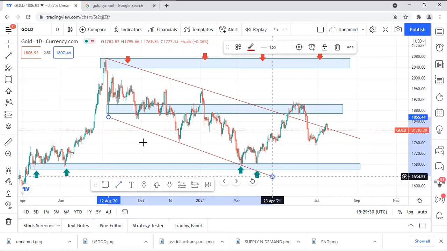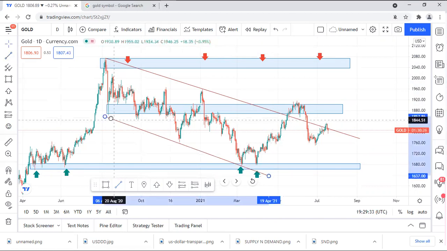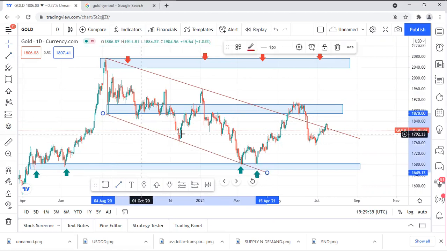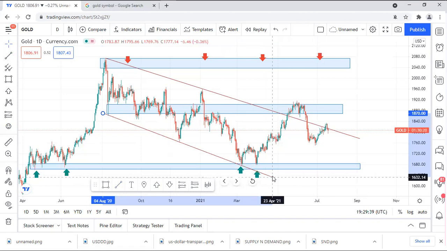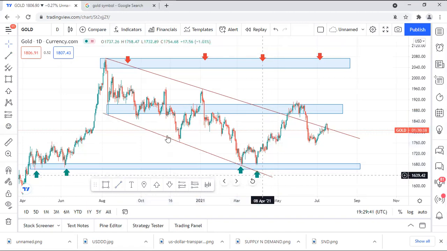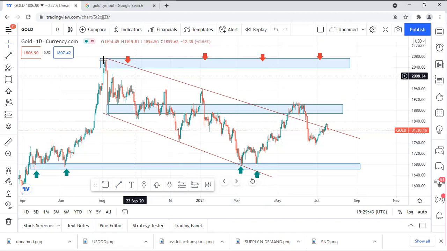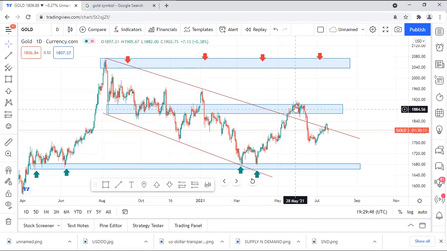So here we have this first touch there, second touch there, and our third touch there. 1, 2, 3. Then we have got 1, 2, and 3, and it broke out.